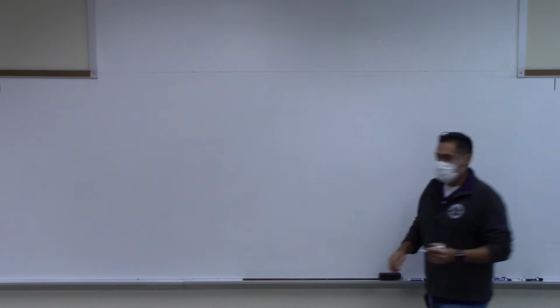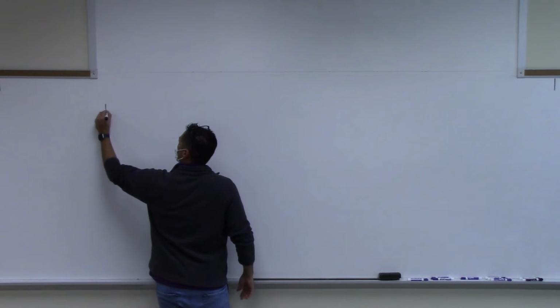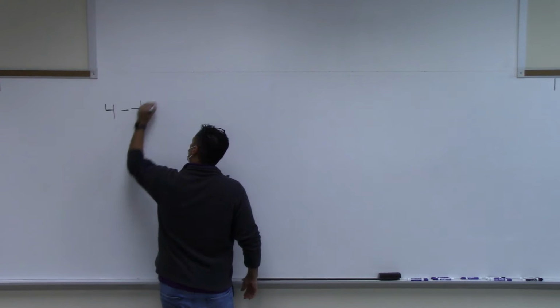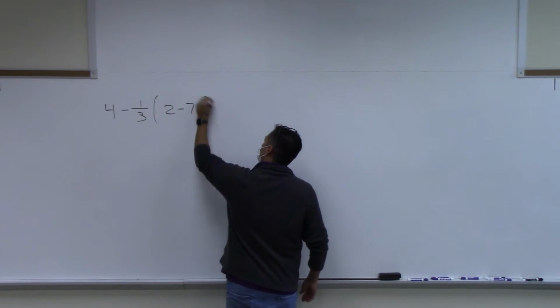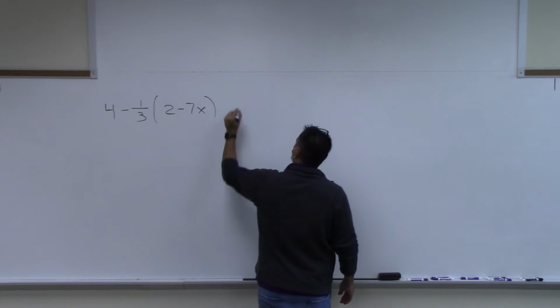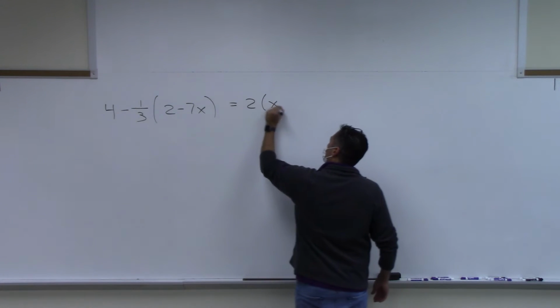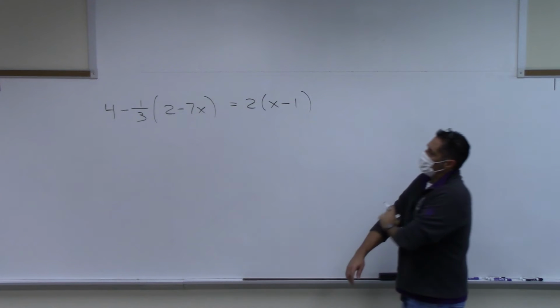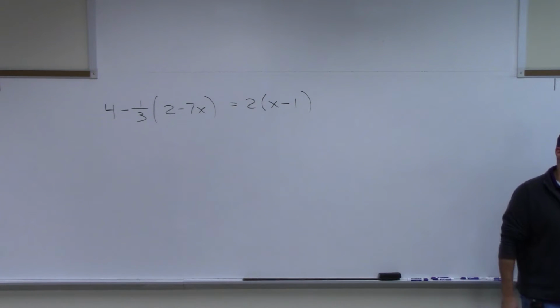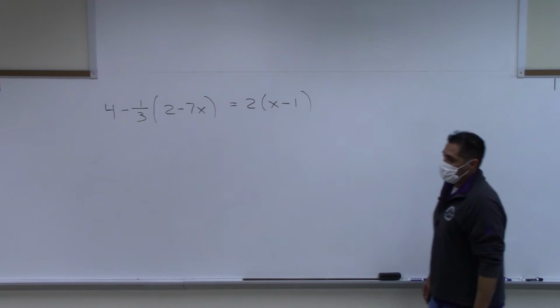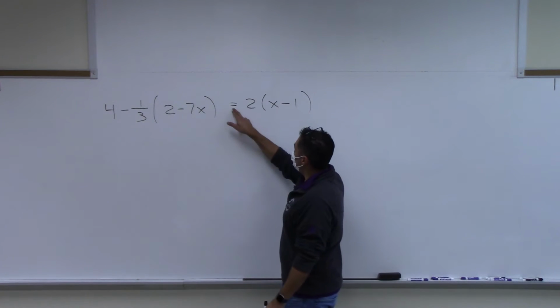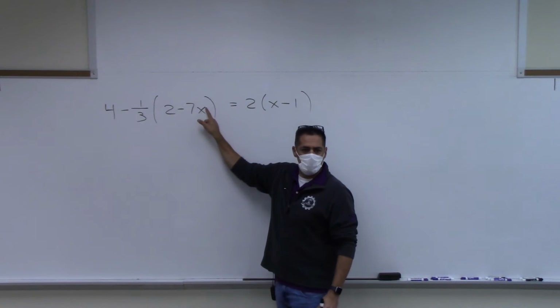Okay, 4 minus 1/3 parentheses 2 minus 7x parenthesis equals 2, and then x minus 1. So we're going to solve this linear equation. It is linear, right? x to the first power.